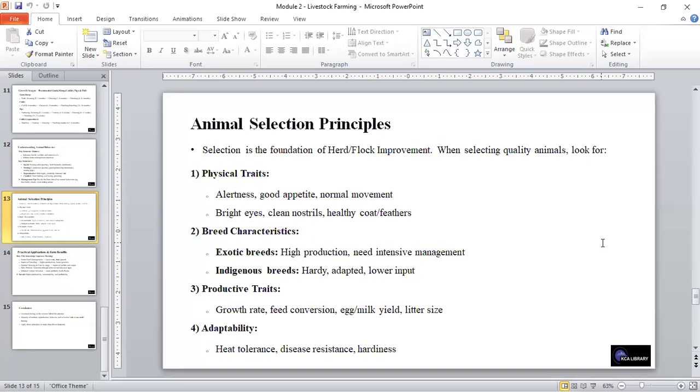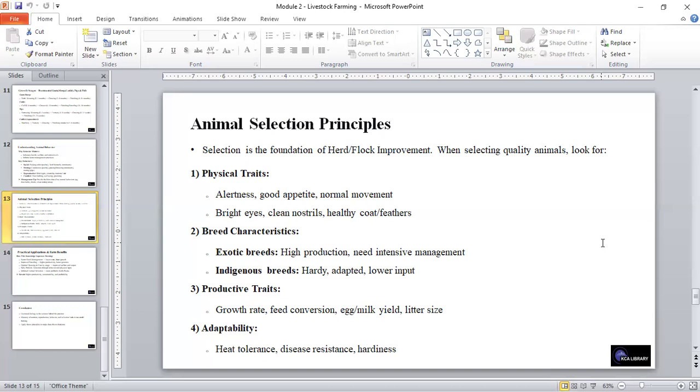Also, you watch out for the breeding characteristics. You have the exotic breeds which have high production and also need intensive management. Also, there are indigenous breeds which are hardy, adapted to any kind of weather, however give low input. So you need to check the breeding characteristics.